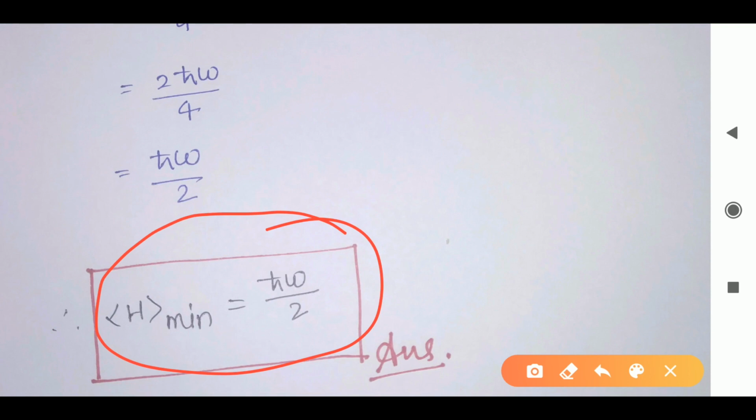Once you get the variable parameter, substitute it in the Hamiltonian equation and solve to get the minimized value. You have to follow these steps to solve a question of the variational method. I hope you have understood this numerical.